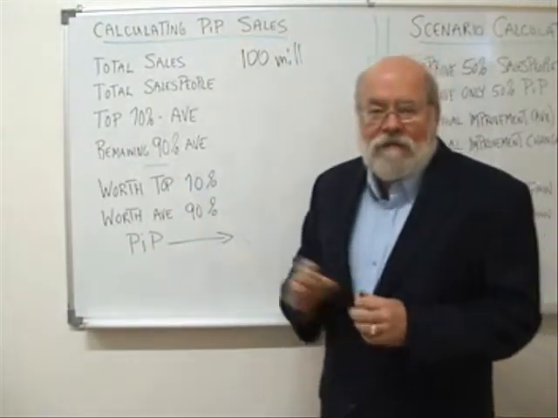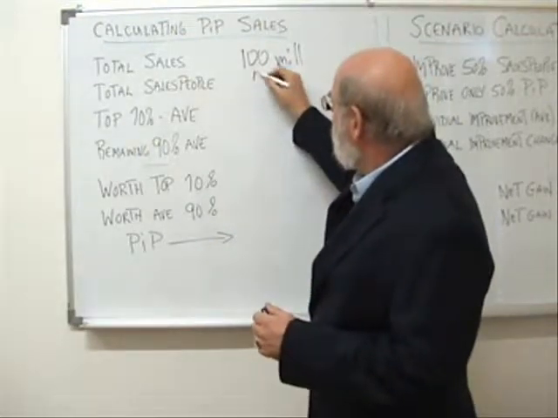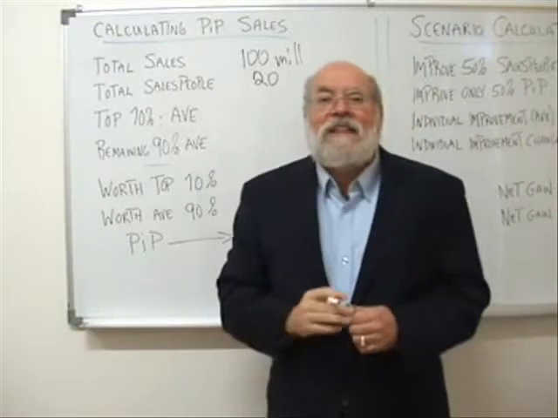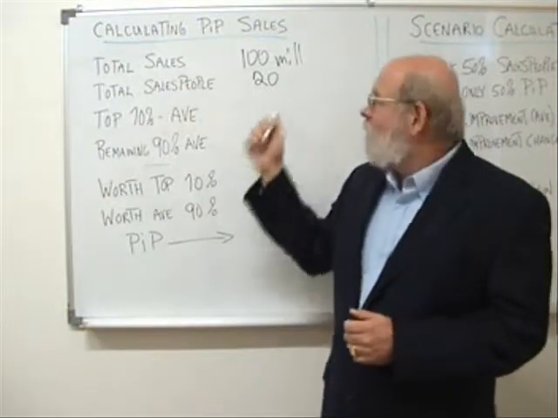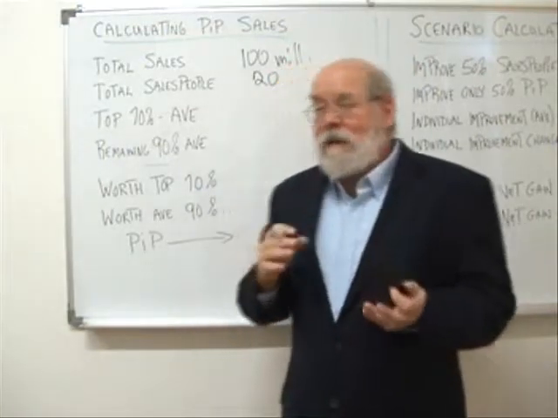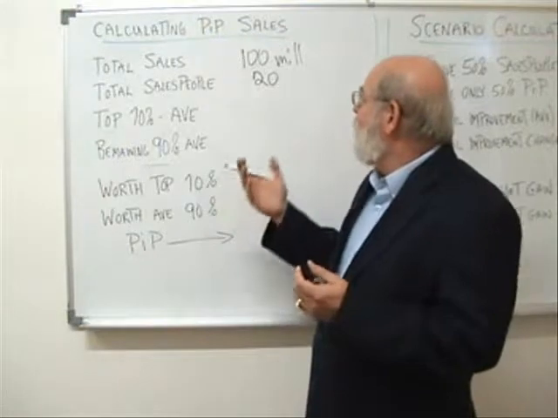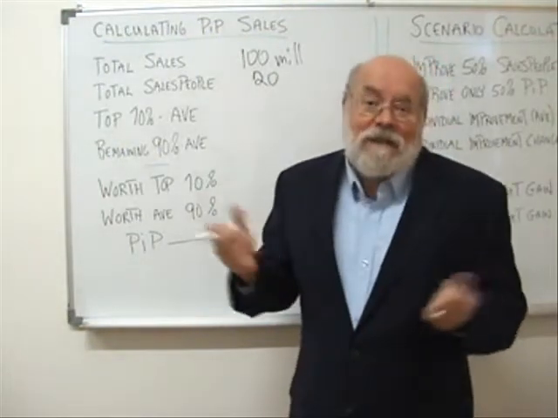And then to make things relatively simple for our calculations, let's say we have 20 salespeople who are in fact selling this product. So if we look at this, you could say, well, 20 people, 100 million, probably each one's doing about 5 million.